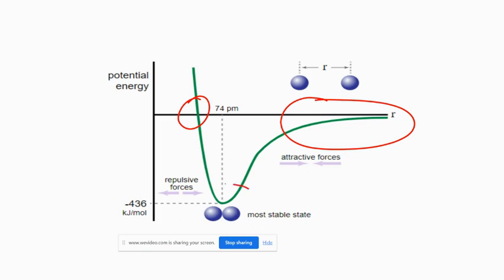So like I said, there's just a sweet spot here where the repulsive forces are minimized and the attractive forces are maximized. Okay. At that point, you can also look at the potential energy. When this forms, it gives off energy.